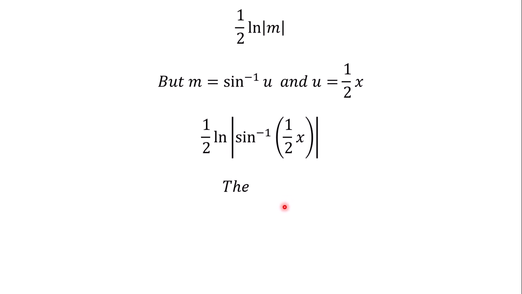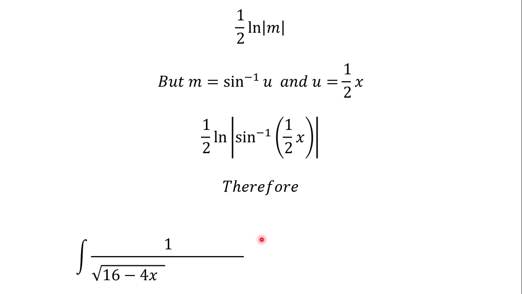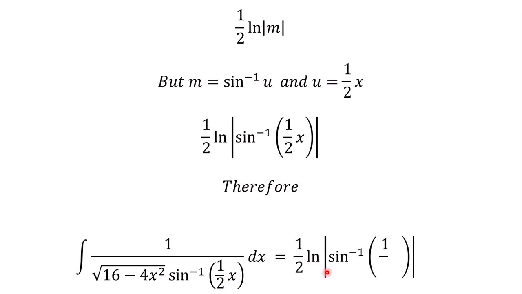Therefore, the indefinite integral of 1 over square root of 16 minus 4x squared times sine inverse of 1 over 2x dx is equal to 1 over 2 natural log of the absolute value of sine inverse of 1 over 2x, and then plus what? This one means it's an indefinite integral, so plus C. So this is the answer to this integral question here.